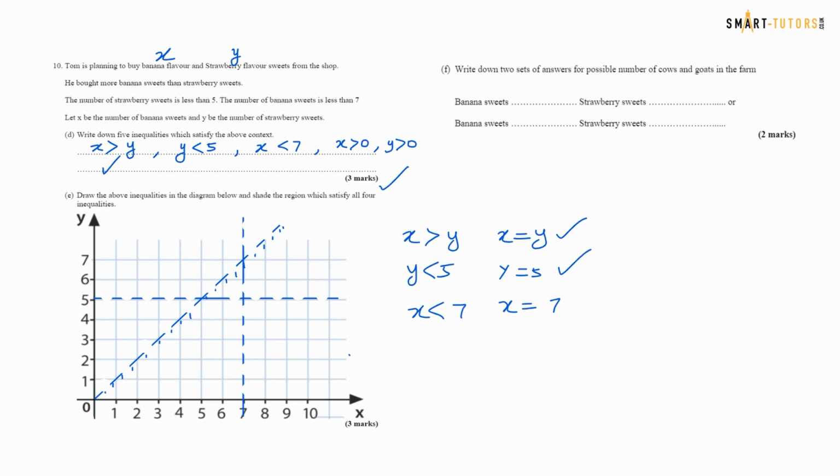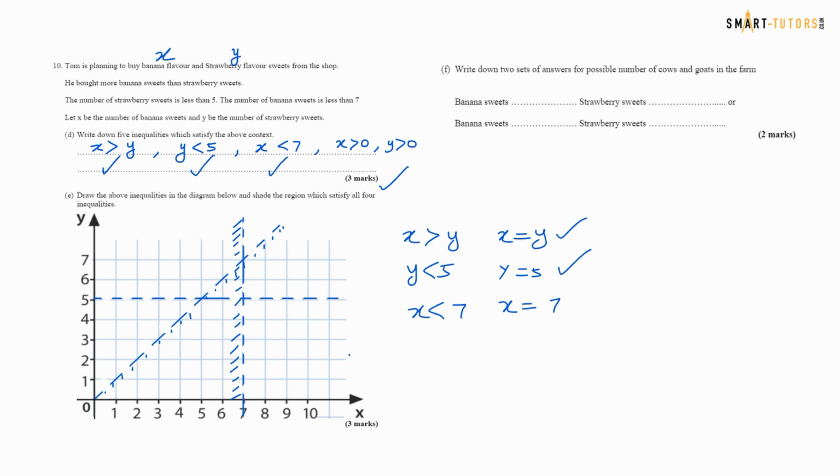So x is less than 7 means you need to shade this side. Right, and this is done.